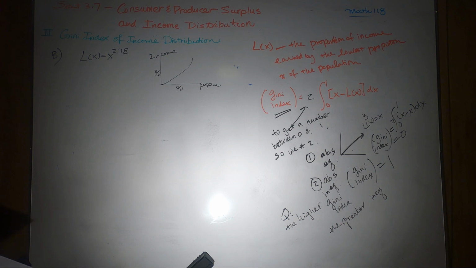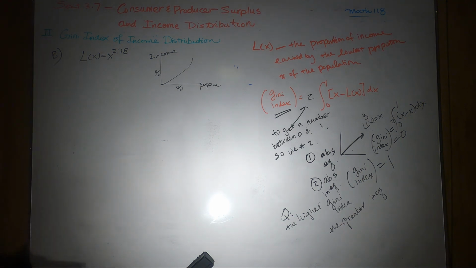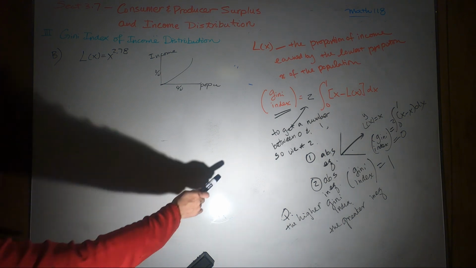So if the model Lorenz curve is this way, then we can calculate the Gini index by the formula.